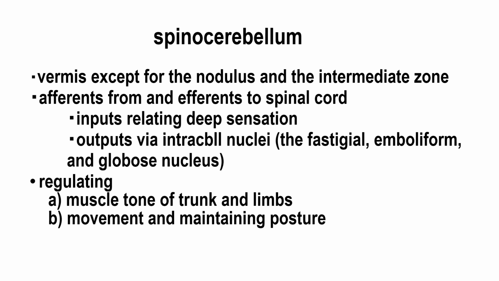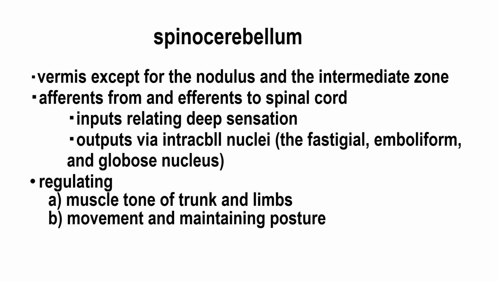The majority of the vermis, excluding the nodule and the adjoining part of the intermediate zone, receives afferents related to deep sensation primarily from the spinal cord and is therefore called the spinocerebellum.